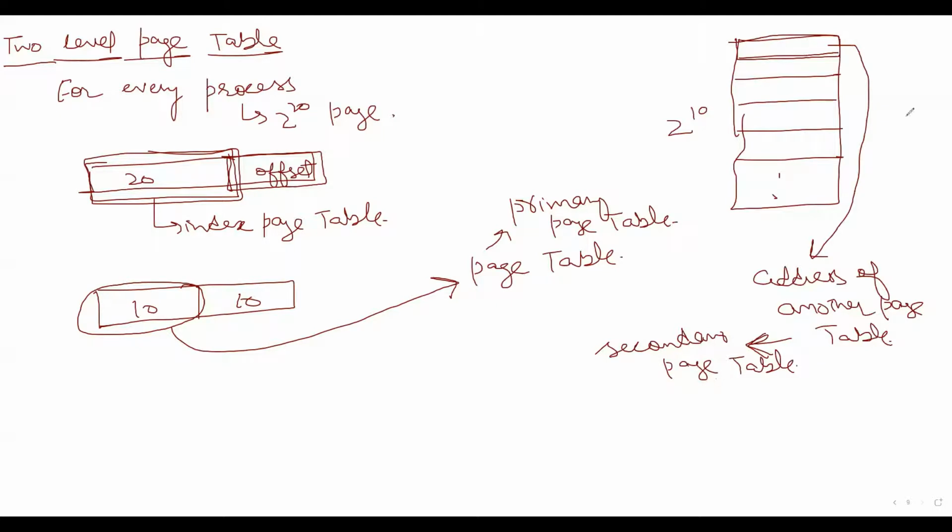Okay. Now, this is for every process. So how many primary page tables are there for every process? One primary page table.